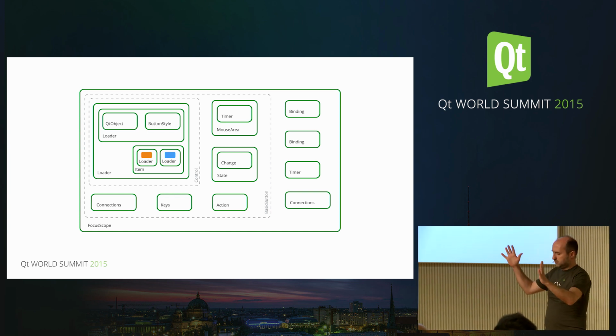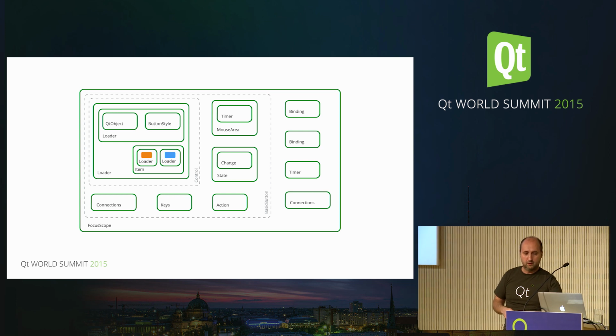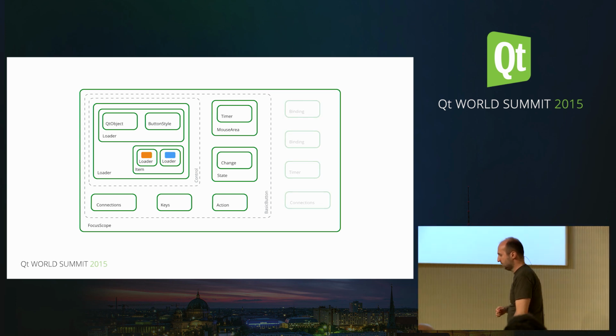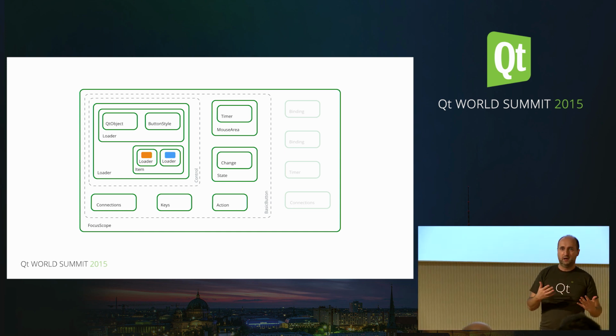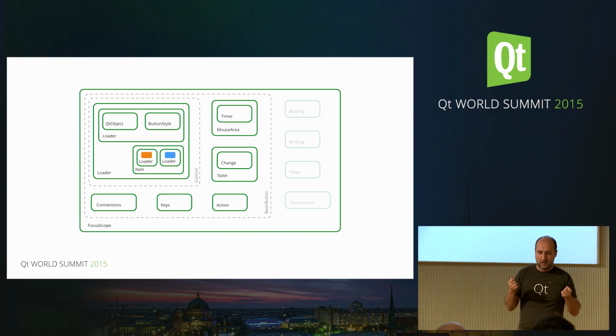So we'd say, let's keep things simple and remove things we don't find fundamental. So this thing goes away. Same reasoning for the action. The action abstraction is very nice, but it's mostly useful when you have different ways of triggering the same action in the end.